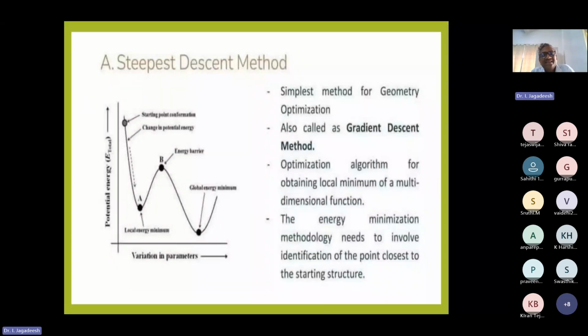So we are seeing the differences from the starting point, and we are going to reach the global energy minimum later.